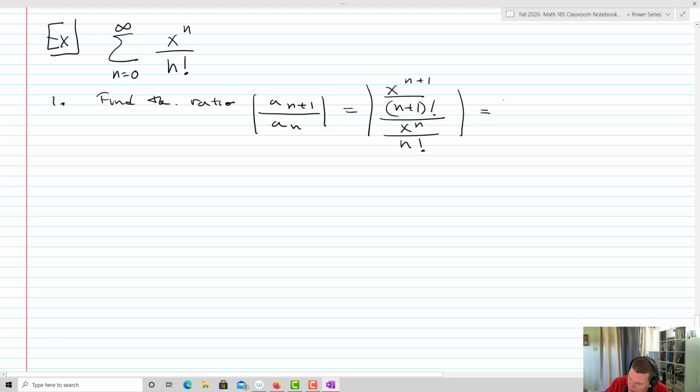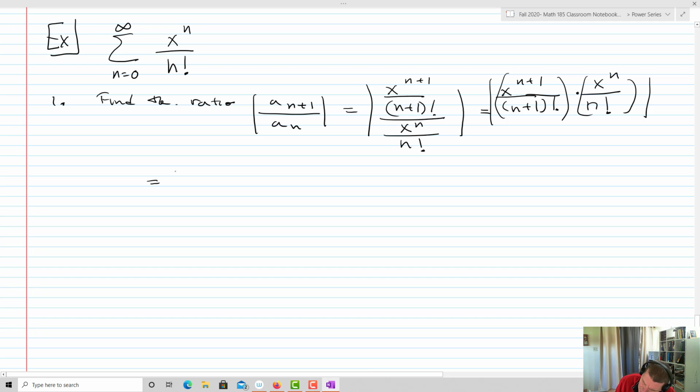Now this is going to then end up equaling x to the n plus 1 over n plus 1 factorial times n factorial over x to the n in absolute value. This is the opposite way around. Pardon me.